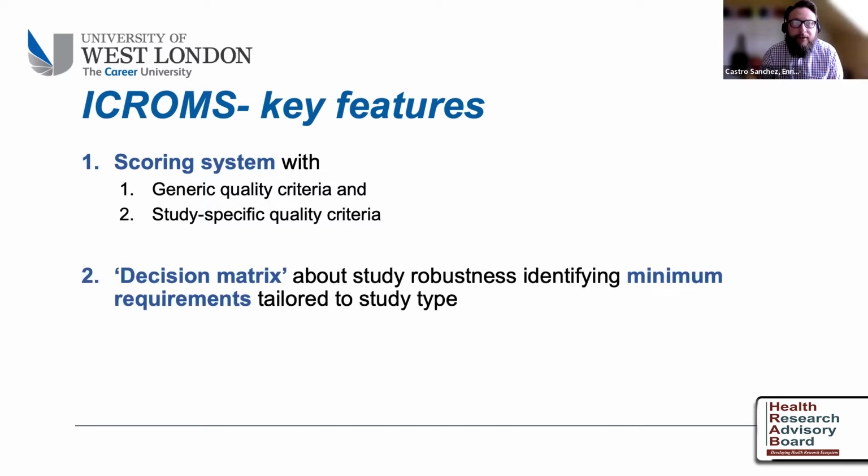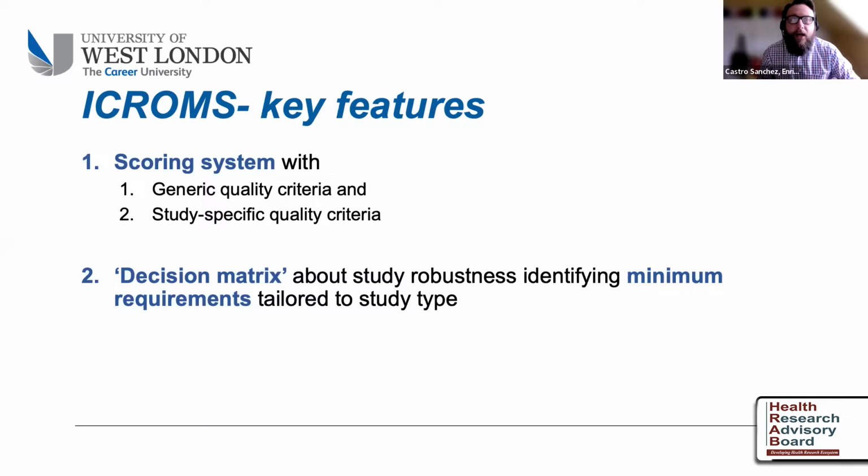The other element of ICROMS is that it includes a decision matrix that really tells you about the minimum requirements that each study type must meet. So you score, and then you see if the scoring achieves a certain threshold.